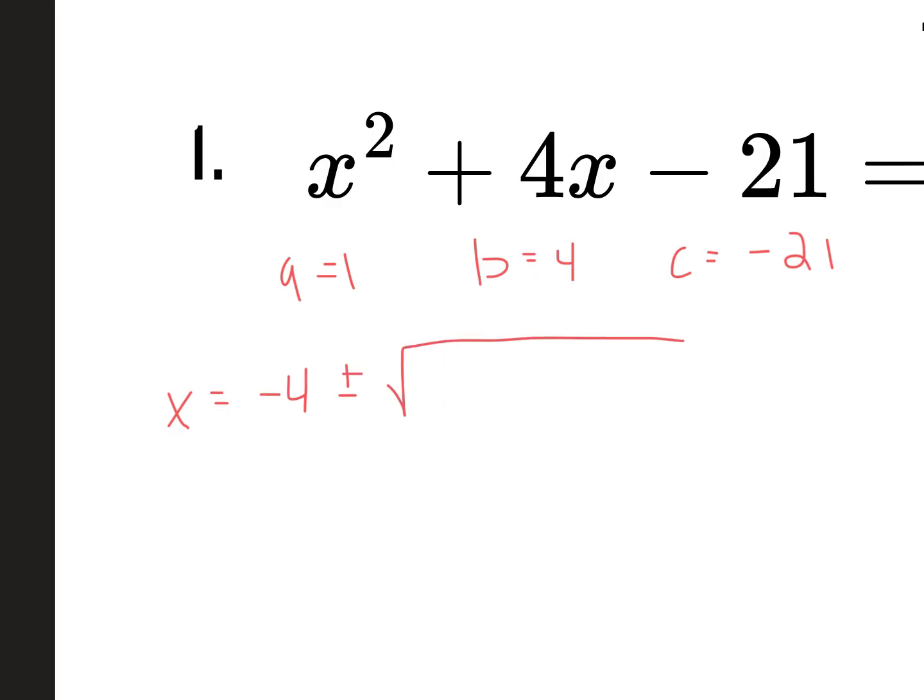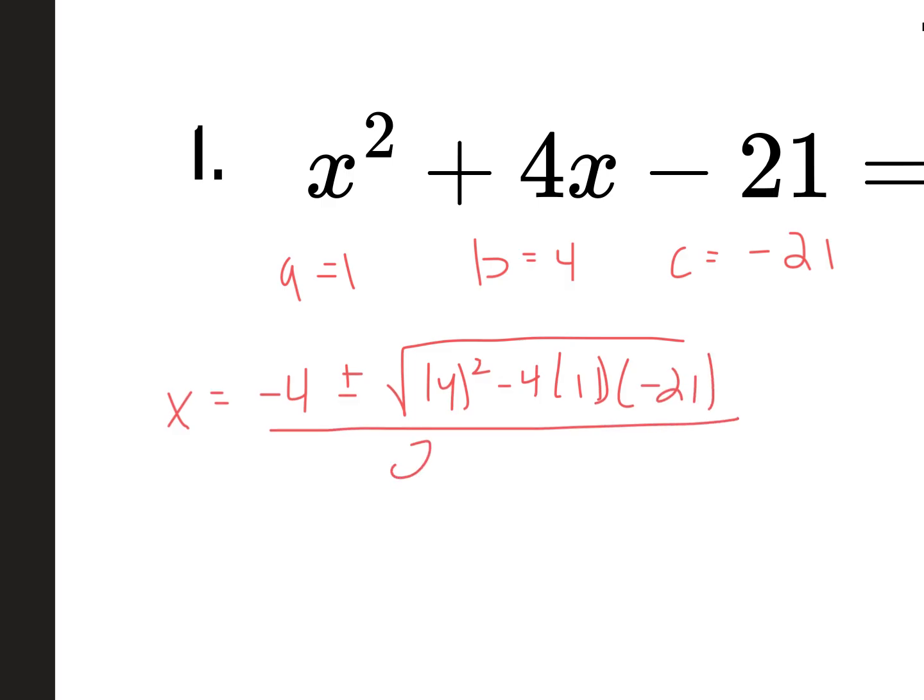What goes underneath the square root? B squared. So I'm going to say 4 squared minus 4 times what? A, which is 1, times C, which is negative 21. And that's all divided by 2 times what? 2 times 1, your A term.